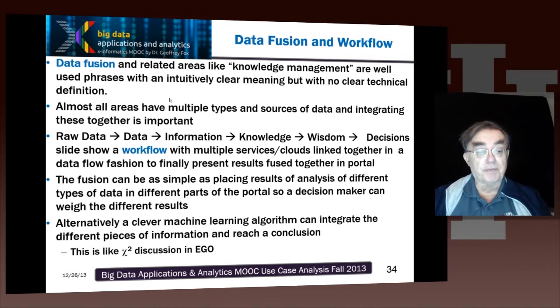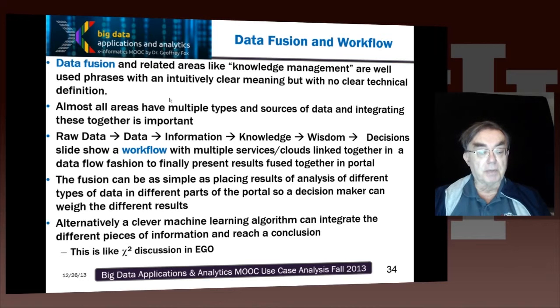The simplest type of fusion actually is to just take a portal, take 6 sources of information about a subject and place them one in each of 6 gadgets, and that's one form of fusion, but most fusion would be a little more sophisticated than that.